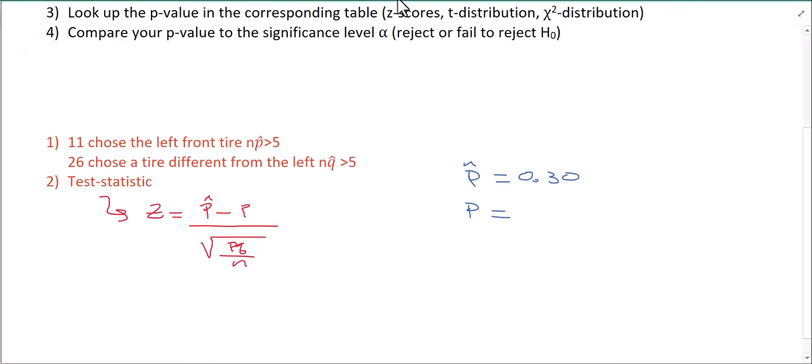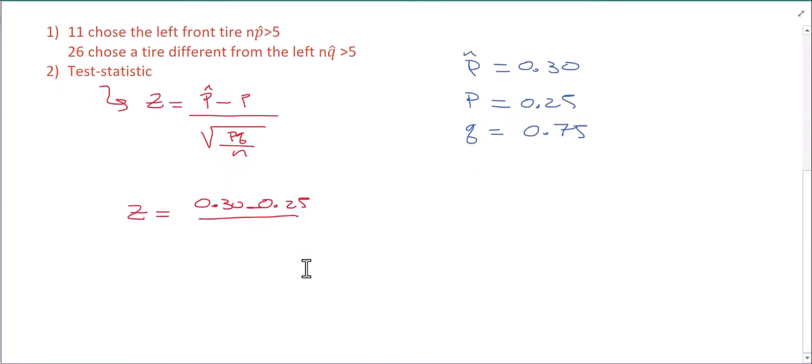So p is 0.25 and q is then 1 minus 0.25, so 0.75. And so when we do our test statistic, z is equal to 0.3 minus 0.25, right? p hat minus p, divided by the square root of pq over n.